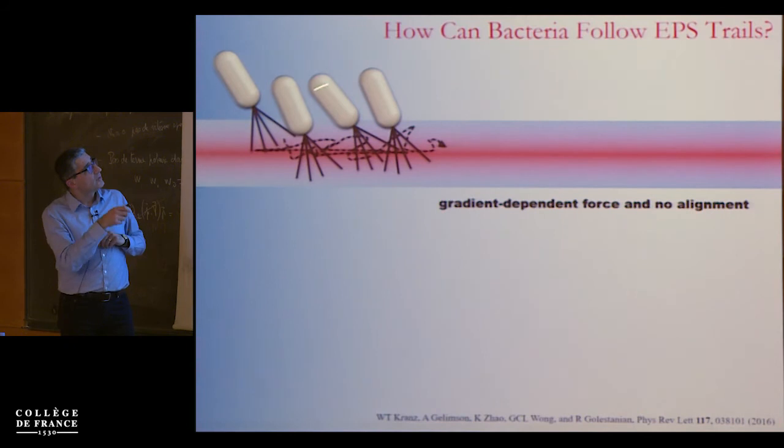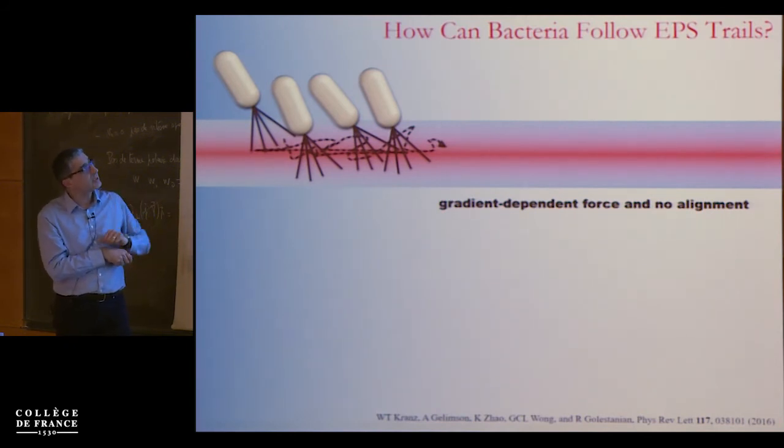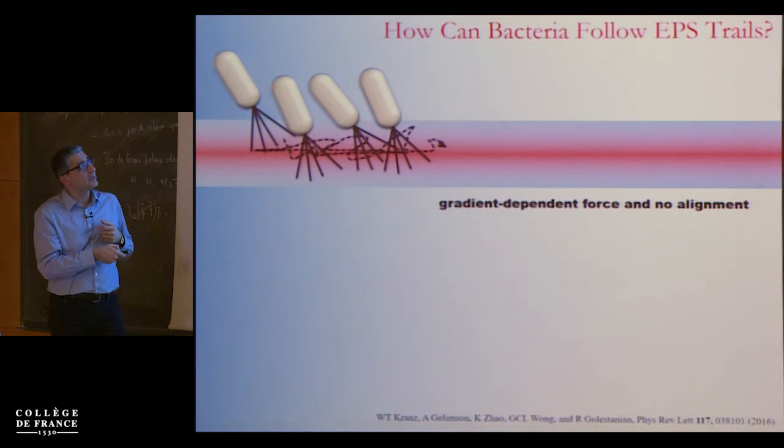If you just want to have a particle which orientationally doesn't do anything and choose its component of velocity, which is along this path, stochastically to follow a path, basically you don't get a very efficient mechanism for trail following.